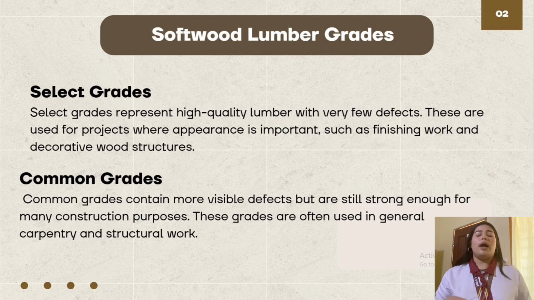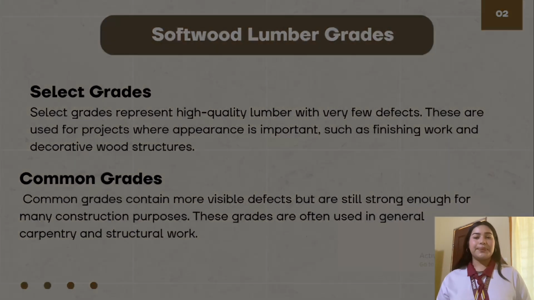In choosing the right lumber grade, it ensures that your project will be both strong and visually appropriate. Select grades are best for decorative or finishing work, while the common grades are used for structural purposes.